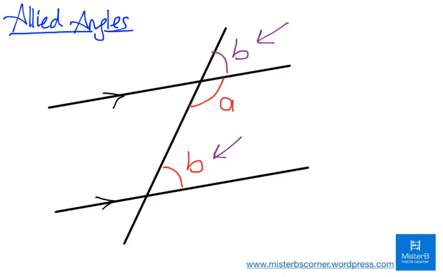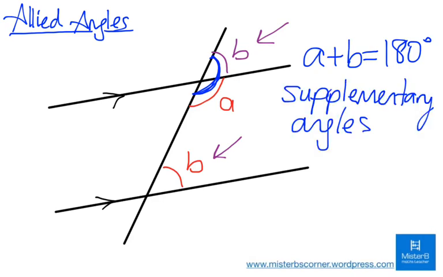And when you look here, you can see that A and B actually form a 180 degree angle, a straight angle. So basically, in fact, A and B are supplementary angles, right? A here and B here are supplementary angles because they add up to 180 degrees.